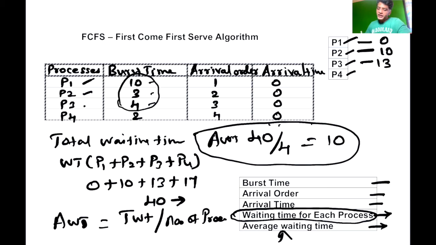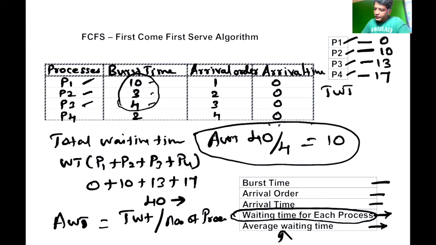All these three processes need to complete, and only then can P4 execute. So P4's waiting time will be 10 plus 3 plus 4, which is 17. This is how you calculate the waiting time for each process.